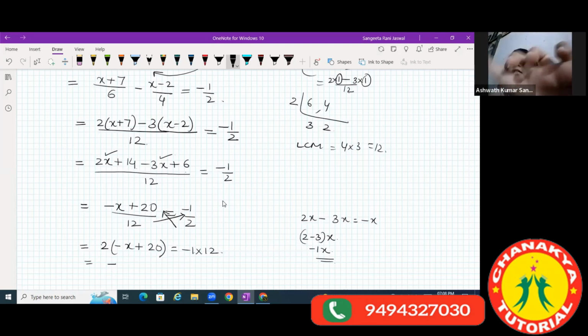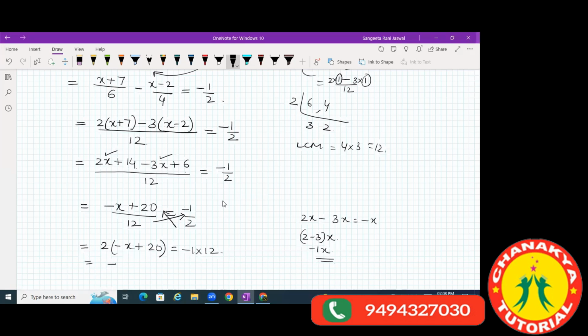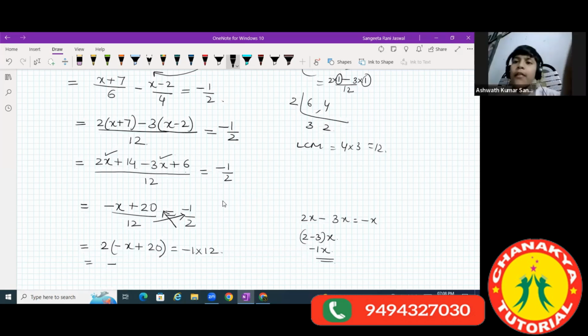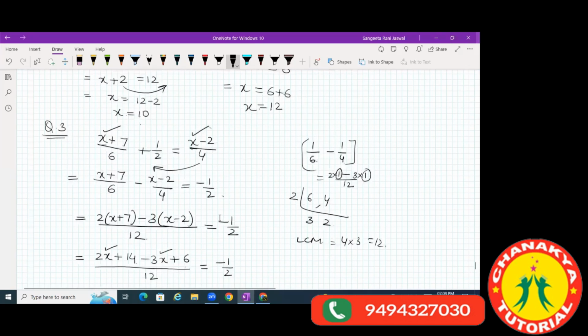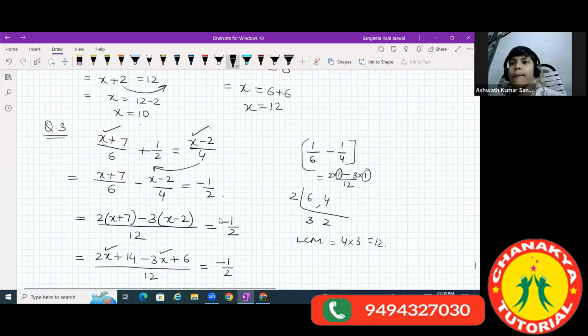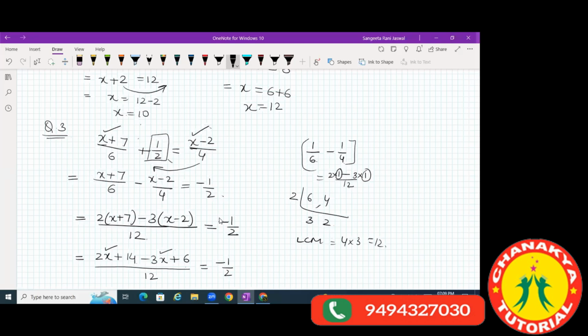Ma'am, minus 1/2 was there, so why did minus 1 come when you cross multiplied? See, I'm taking minus 1/2 from here. When it changed its position, it became minus 1/2, no?